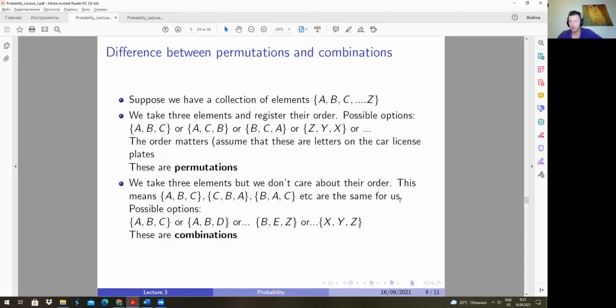We don't care about them. And that's why possible options are ABC or ABD or BAZ or XYZ, but we don't want them to be rearranged. So all of them are same for us. So these are combinations.